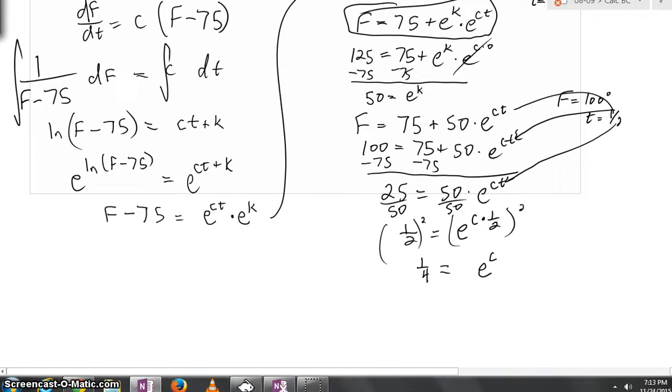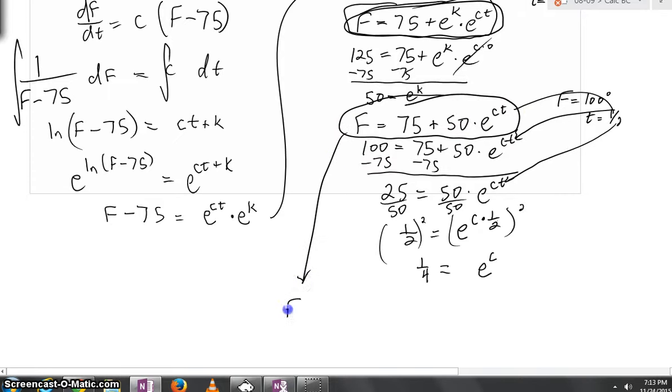Now right now, just want to point, look at the very top of the screen here. We had f is equal to 75 plus e to the k times e to the ct. We found out what e to the k was. Here in the middle of the screen, we then could write f is equal to 75 plus 50 times e to the ct. Right now, we know what e to the c is, so we can get even more specific and say e to the c is really 1/4.